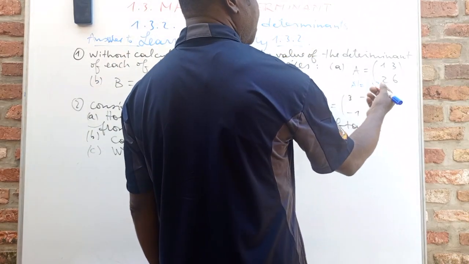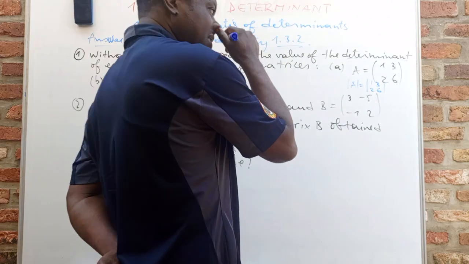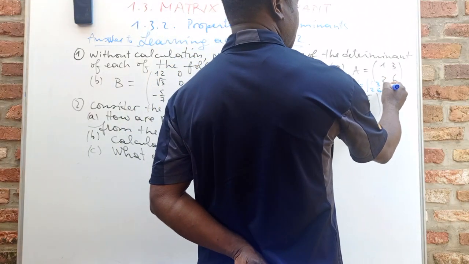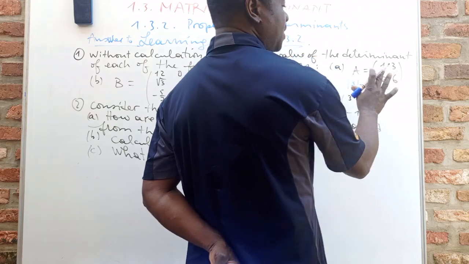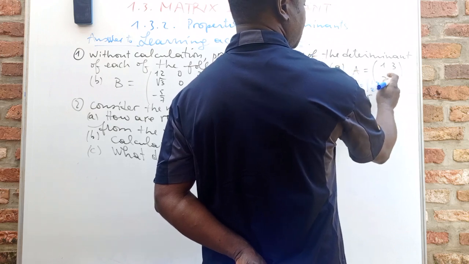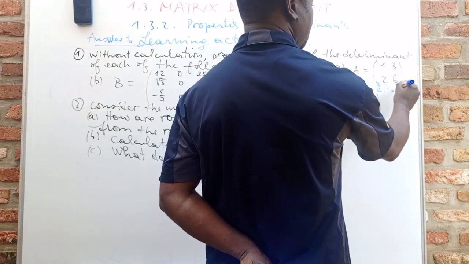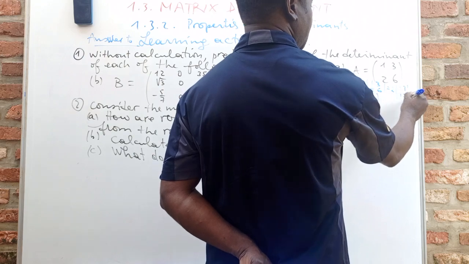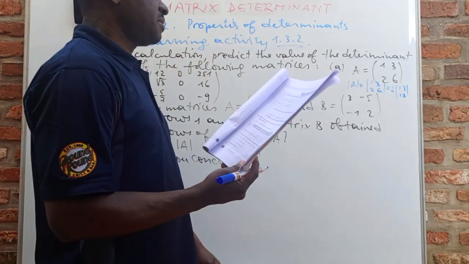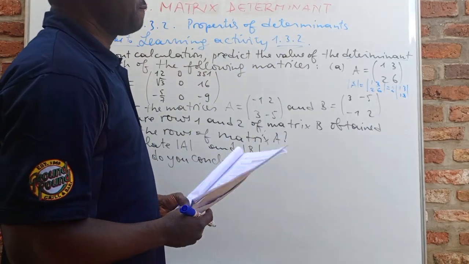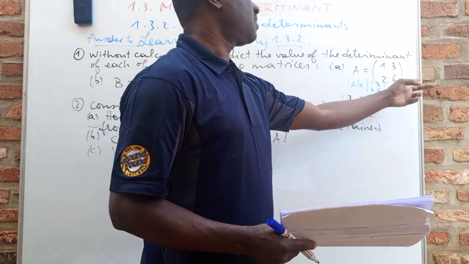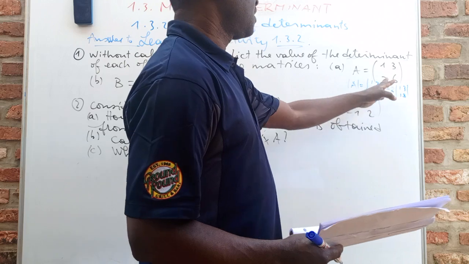Another way of doing it is by using properties. So already it is equal to 0. We can now factor 2 out, and get 1, 3, 1, 3, because of the linearity. This determinant, we know it is a multilinear form. So that is the reason why I can factor out 2 in this row and get this determinant.